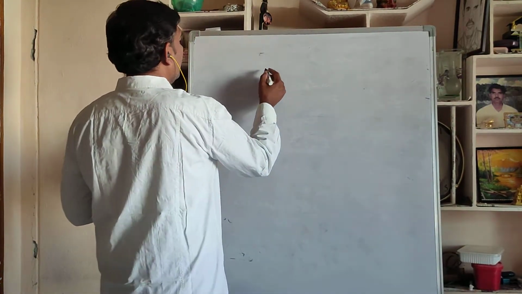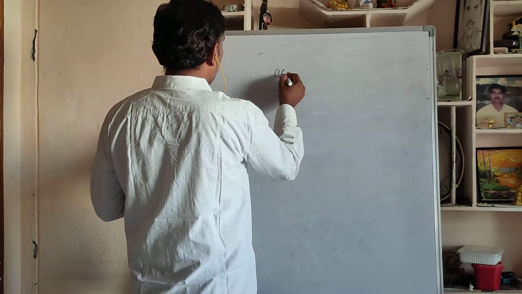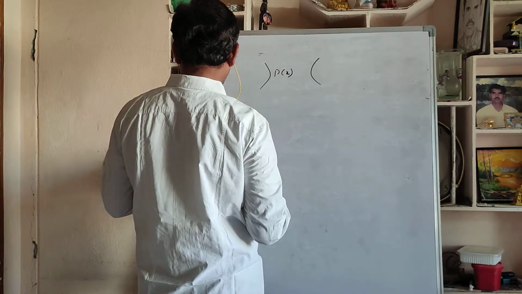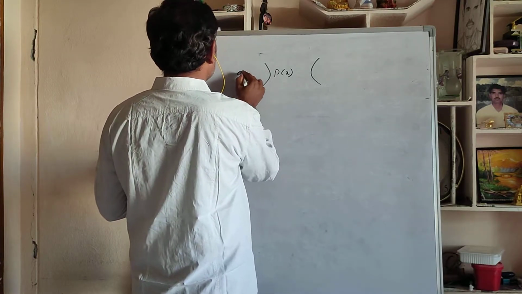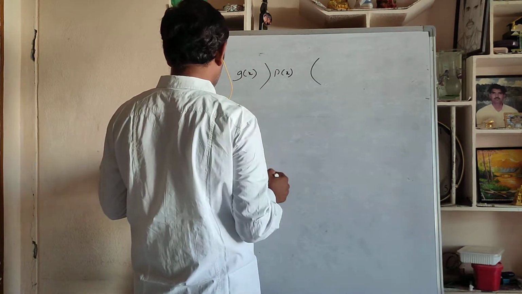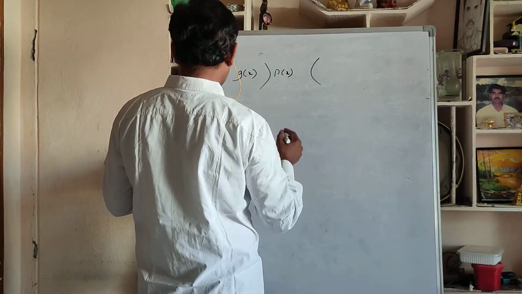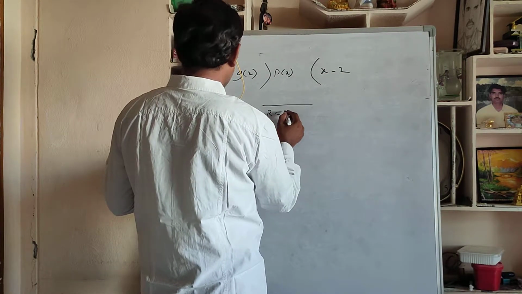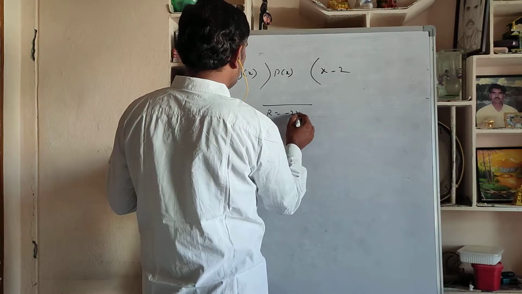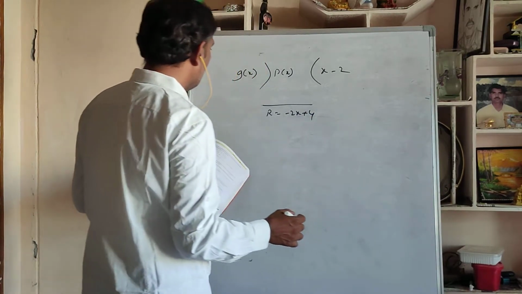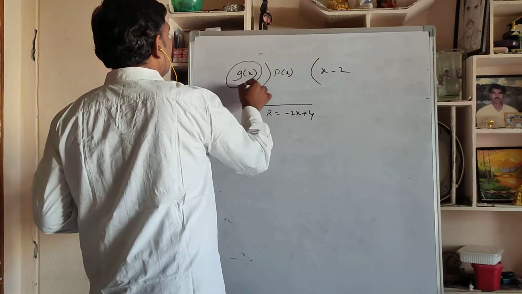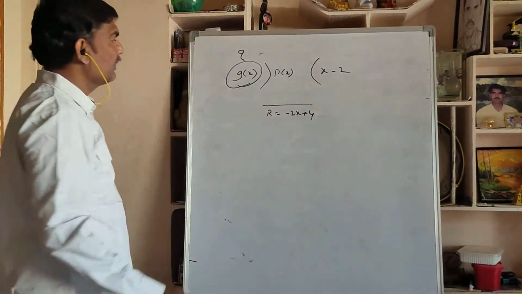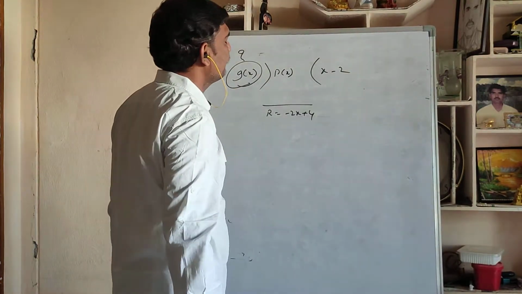So here one polynomial p of x, we are dividing by polynomial g of x. The quotient is x minus 2. The remainder is minus 2x plus 4. Then what he is asking is, you should find out this g of x. This polynomial you have to find.